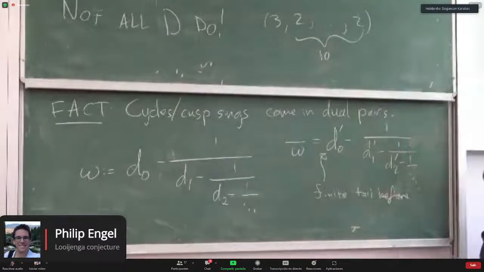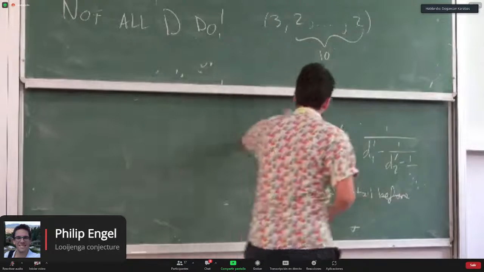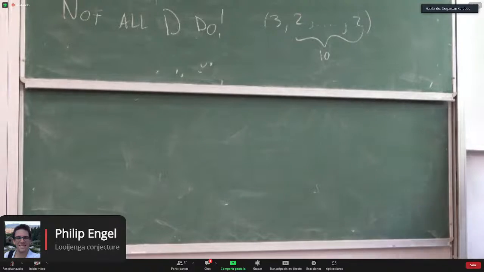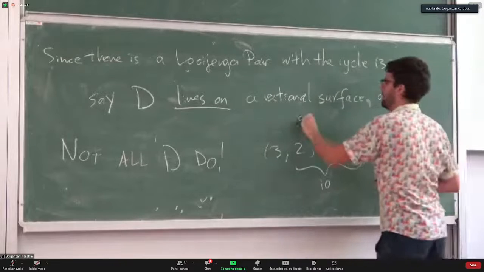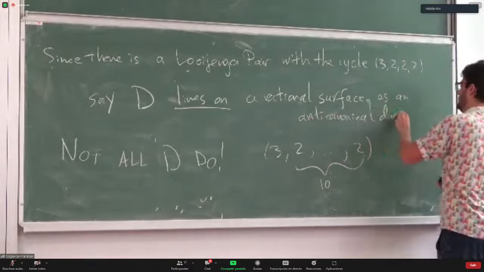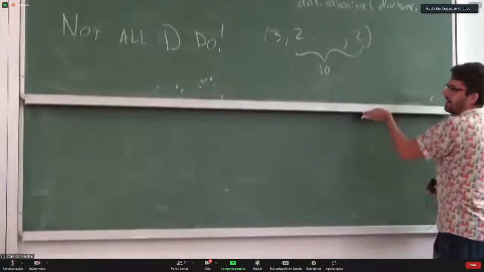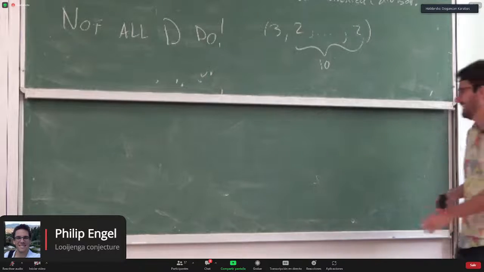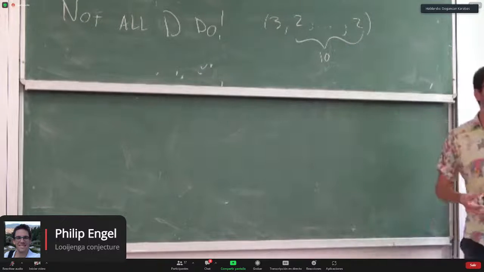All right, so now I can finally state Looijenga's conjecture. Say D lives on a rational surface as an anti-canonical divisor. So we say that the cycle appears on a rational surface as an anti-canonical divisor.